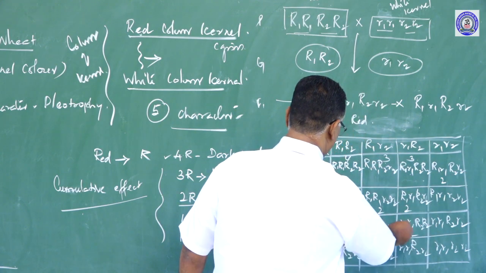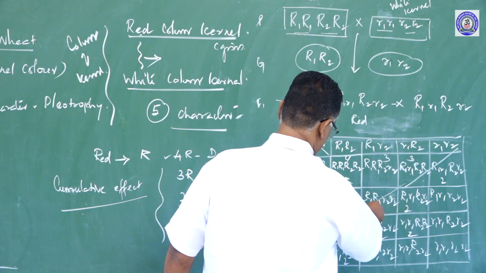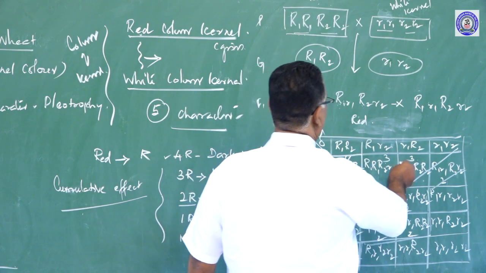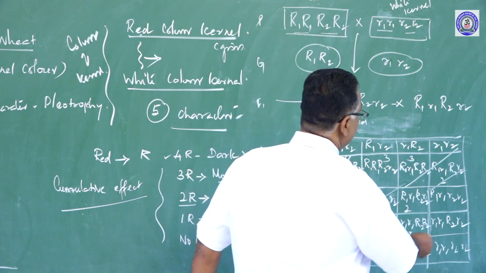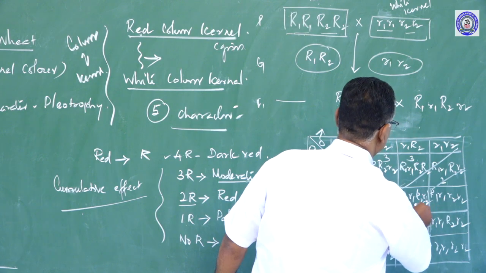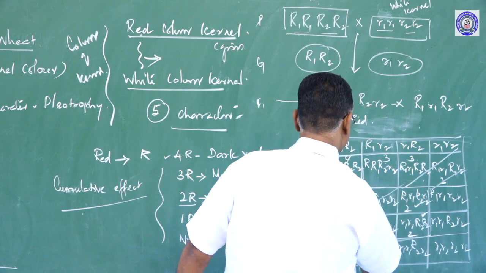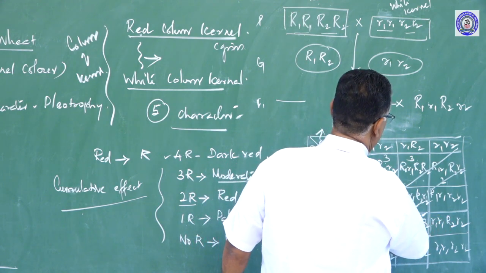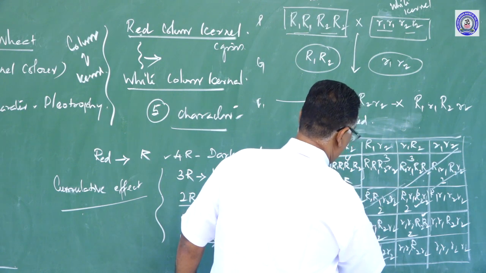Here 2 dominant genes, 1, 2, 3, 4, 5, 6, all these 6 have 2 dominant genes, and these 4 have 3 dominant genes, and these 4 have 2 dominant genes.